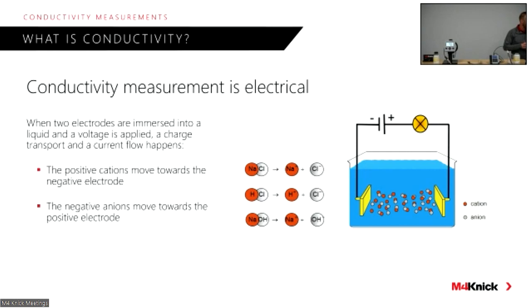So the positive cation ions move toward the negative electrode, and the negative anions move towards the positive electrode. We have this current flow that takes place based off the conductance of the liquid itself between those 2 electrodes. So we're applying a DC voltage to those electrodes. They're immersed into the process, and we get a current flow based off the conductivity of the solution that we're immersed into.